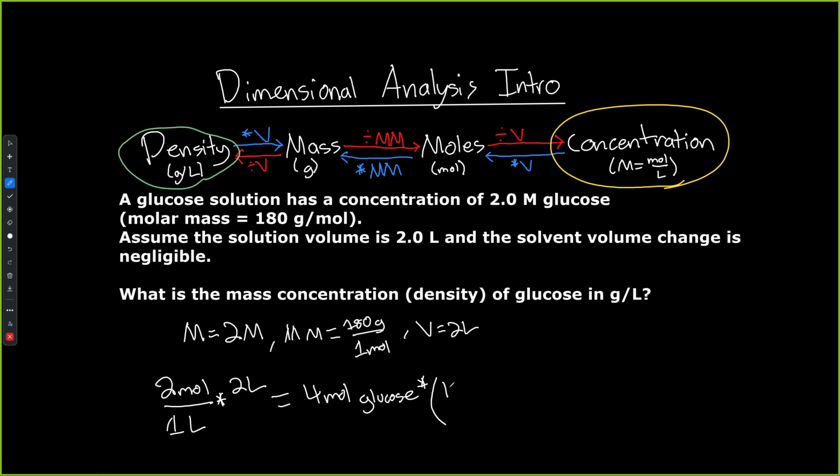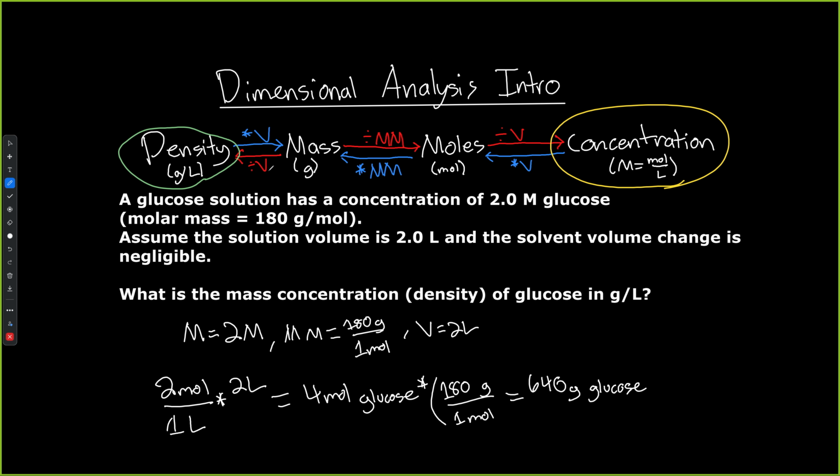So if we multiply this by 180 grams per mole, notice that we're going to be canceling out moles of glucose here, and we're going to be left with grams of glucose. So 4 times 180, 4 times 18, 2 times 18 is 32, times 2 again is 64. So we have 640 grams of glucose.